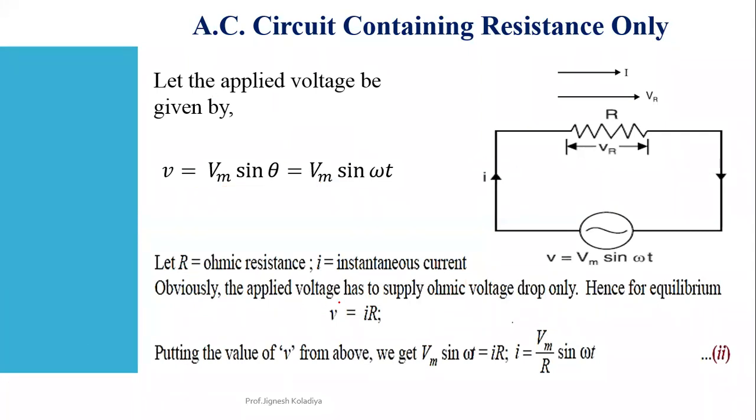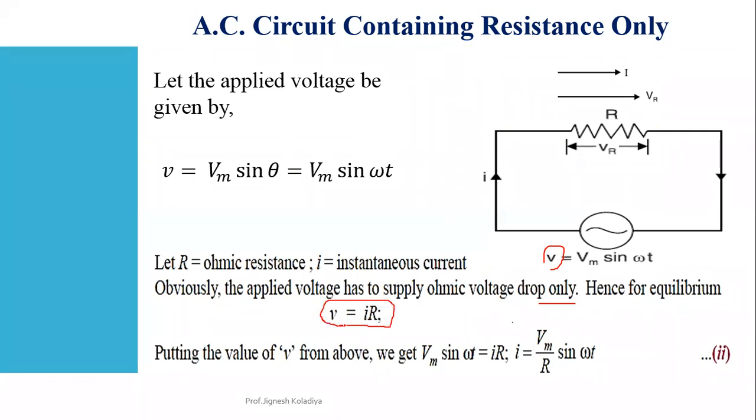So obviously the applied voltage has to supply the ohmic voltage drop only, because no other element, L or C, is connected. So whatever voltage drop takes place across this R, that is only what the supply voltage has to overcome, and hence the instantaneous value of voltage can be given by V is equal to I into R, right?